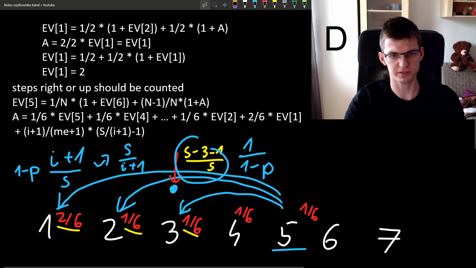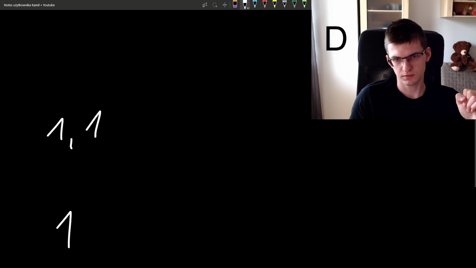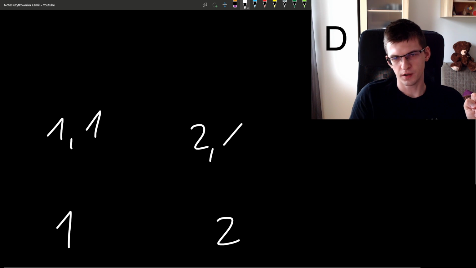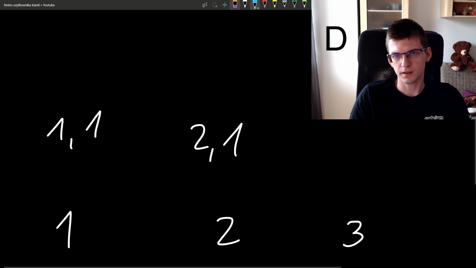I can read equations once, or just make a full drawing for free, for s equal to 3. There is 1, 1, 2, 1, and 3. Okay.